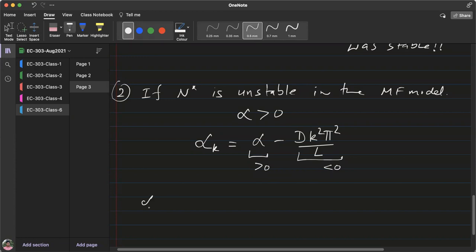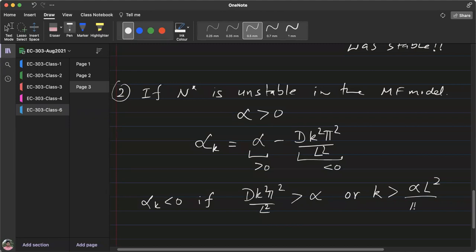So alpha k can be negative if d k square pi square by L is greater than alpha, or for k greater than alpha L square by pi square d.